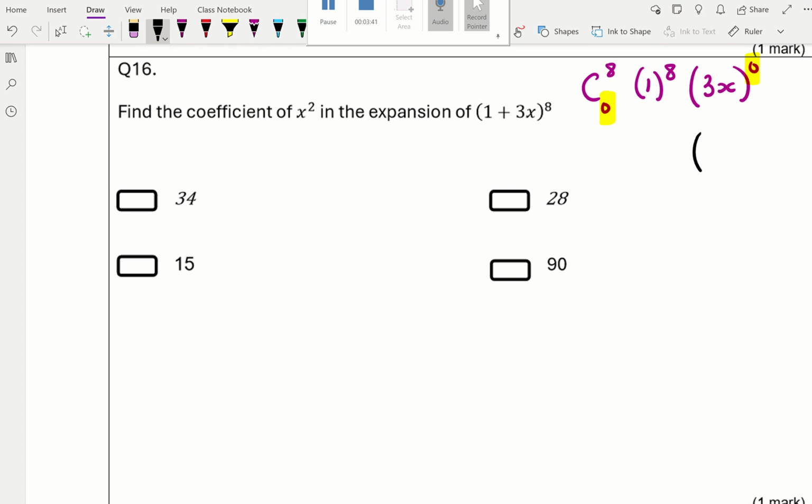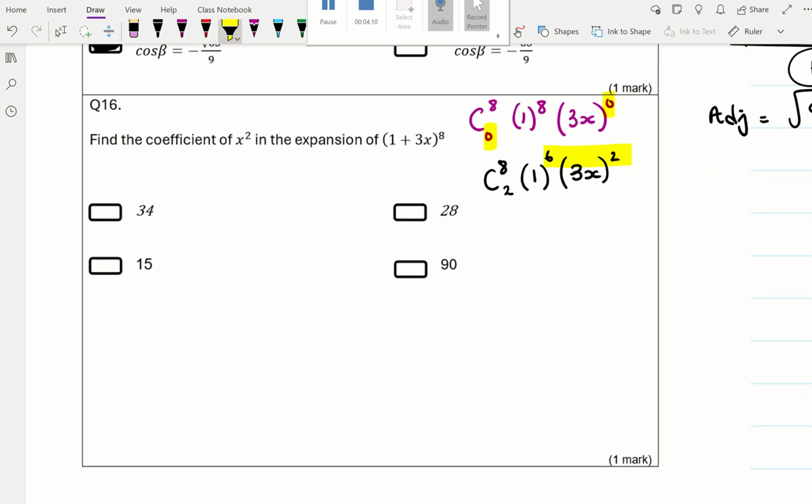So I want the second term to be x squared, so I'm going to put (3x) squared, and I want 8C2 and 1 to the power of 6, because those two together have to add up to 8.